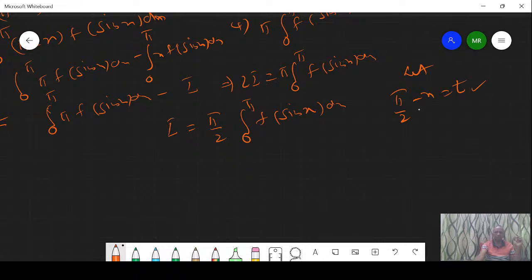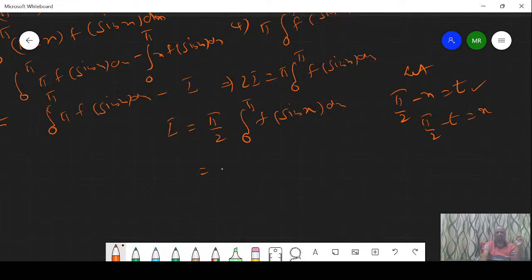To get here, replace x with pi by 2 minus x. Suppose we get this one, pi by 2 minus t will be x. Correct. If we do this, what changes do you observe here? When I have written, in the place of pi, I can write pi by 2. The changes in the problem, what can I replace here?